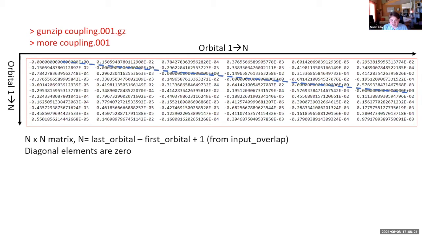So any system with unpaired electrons? Yes. And what about radicals? Yes. Okay, so if we are doing chemistry with radicals, they typically have unpaired electrons.